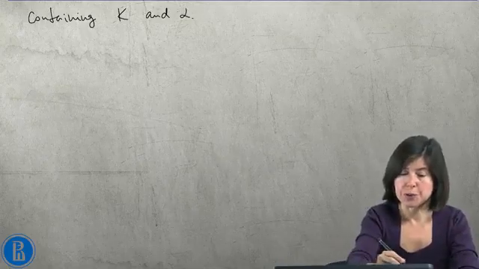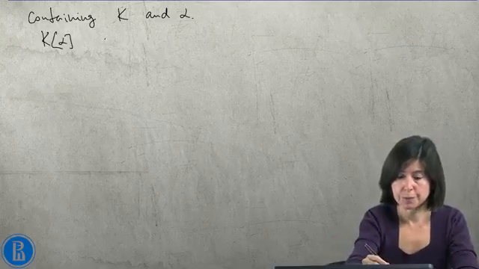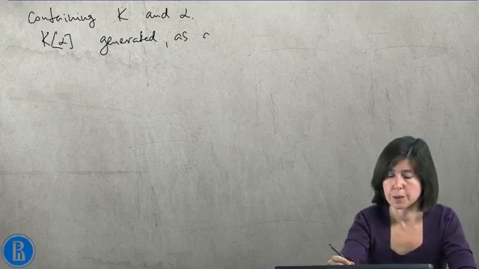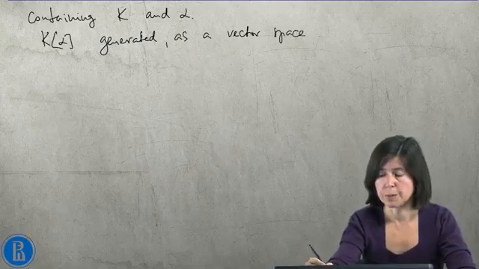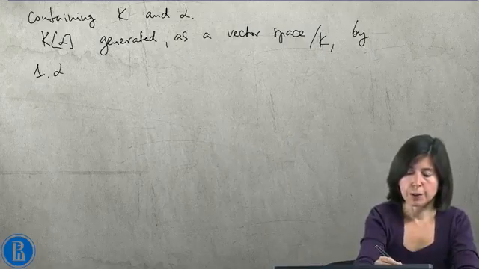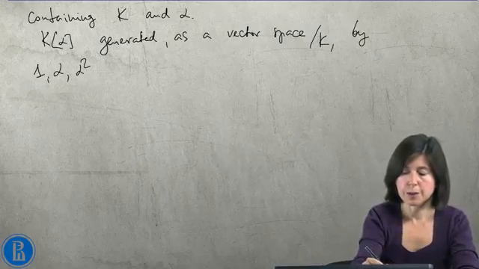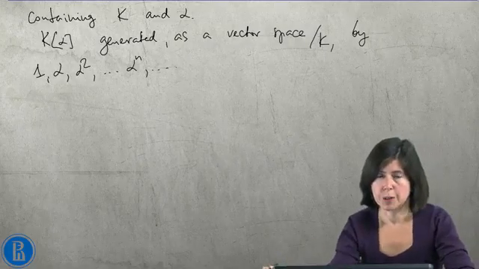First of all, let me say that K of alpha in the square brackets is generated as a vector space over K by 1, alpha, alpha squared, and so on, alpha to the power n, and so on, by the constants and all the powers of alpha.